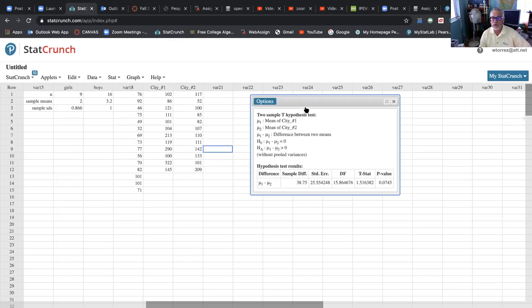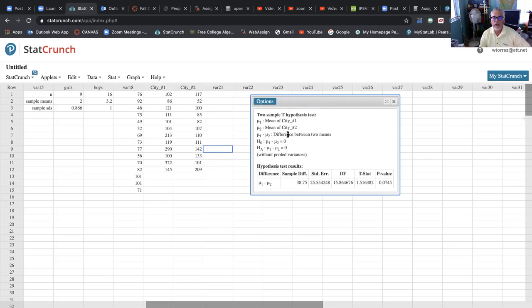Now, I won't go through the steps for the t-test. You know how to do that. Stat, T-stats, two sample with data. Fill in your action window with your columns. Select your correct significance level here, which is 0.05.